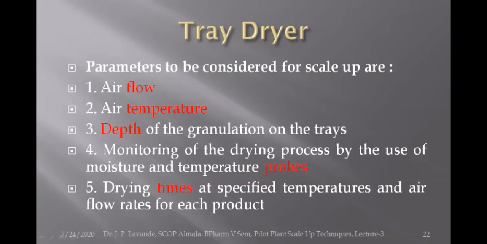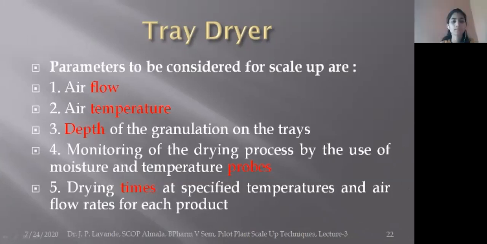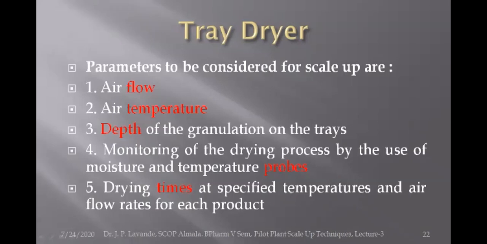The airflow, air temperature, depth of the granulation on the trays, and monitoring of the drying process by the use of moisture and temperature probes. Automated probe systems are to be introduced during drying in order to monitor the level of moisture and the temperature. Drying times at specified temperatures and airflow rates are set for each product.